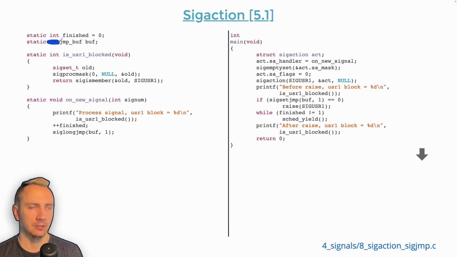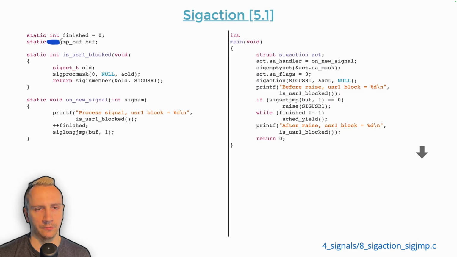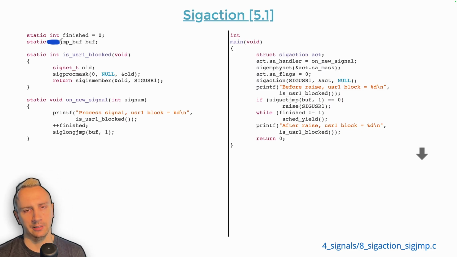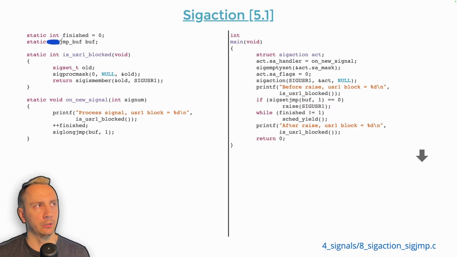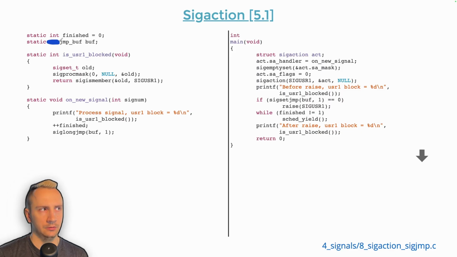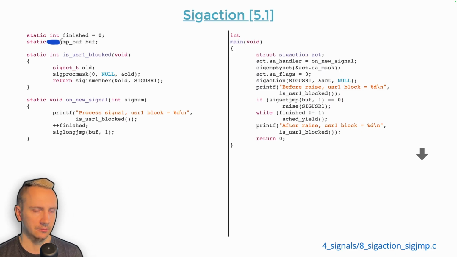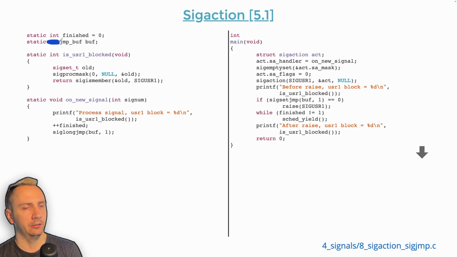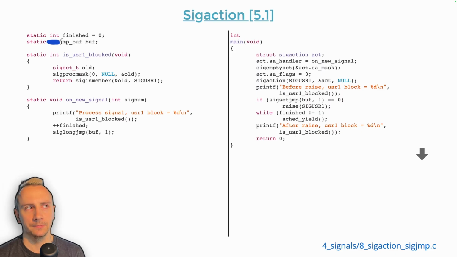It's not considered part of the context. And on Mac it does. So on Mac, when I was doing setjmp and longjmp, setjmp was saving the current signal mask of the thread, and longjmp was restoring it using sigprocmask. And on Linux it just wasn't happening.